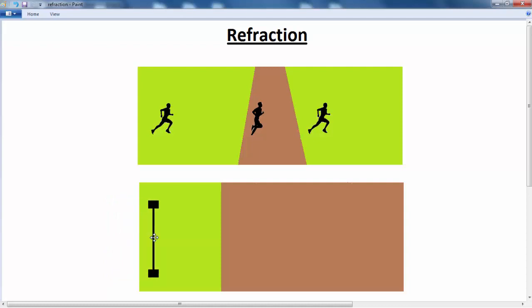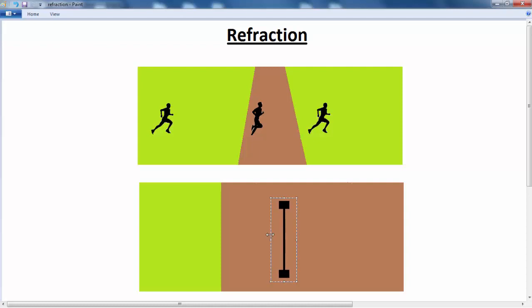As this vehicle hits the mud head on, that's to say the direction of movement of the vehicle is at 90 degrees to the boundary, all that's going to happen is the vehicle is just going to slow down when it hits the mud. But it's going to carry on moving in the same direction.